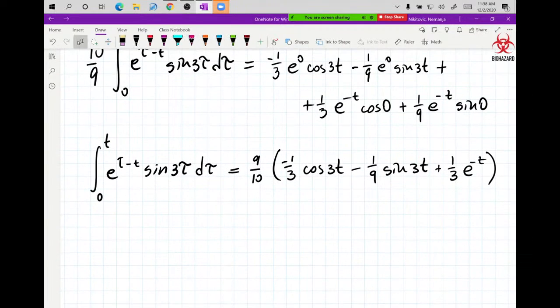So you can factor out 1/3 and cancel it with 9. So the answer is, finally, right? There we go.